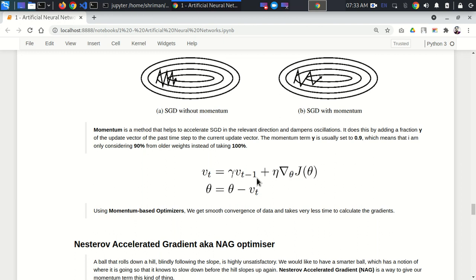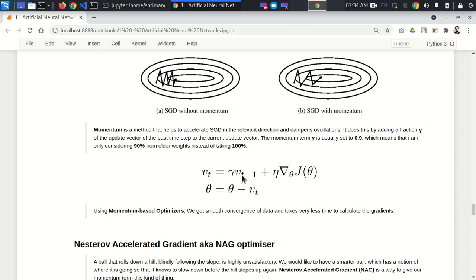See how these things are happening, guys. In the very first iteration, at t equal to 0, this particular quantity will be 0, because t minus 1 will not be available there. This is only our first iteration, when we are just going to start our learning.